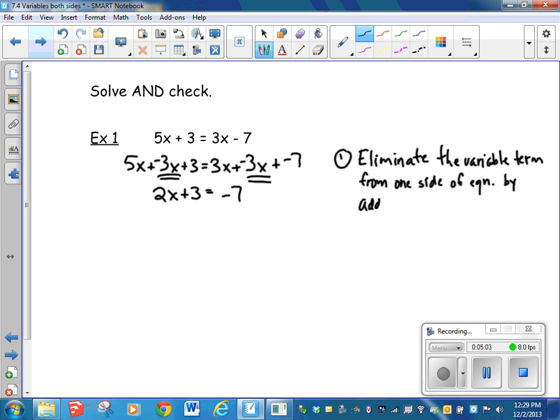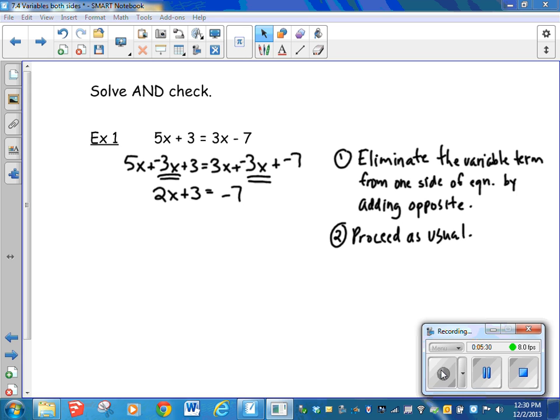Of course, if you do something on one side, you have to do the same thing on the other side. All right? Then this 2x plus 3 equals -7, that's an equation like you've been solving a lot. So with your partner, go ahead and quickly solve that for x. You just proceed as usual to solve it. Go ahead and do it.